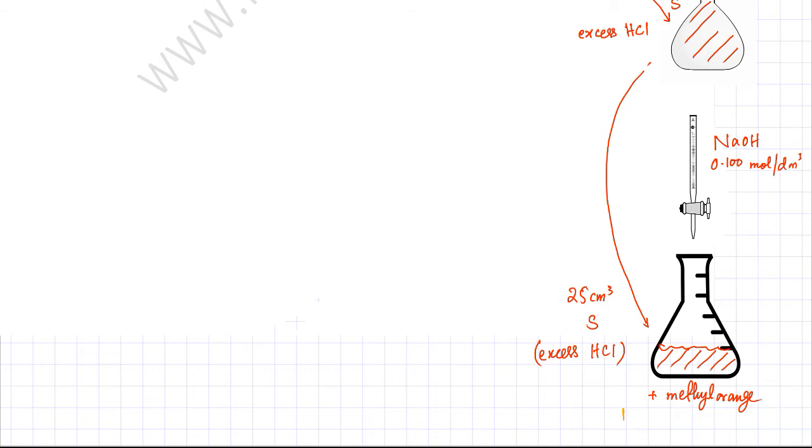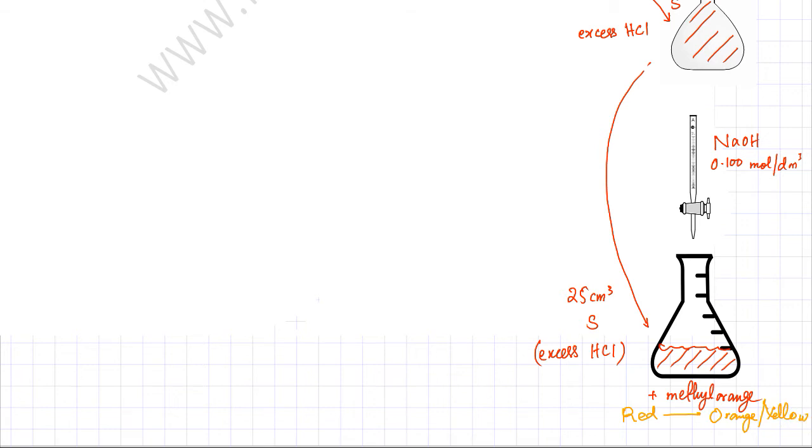Initially methyl orange would be red in color, but once the acid gets neutralized by the alkali NaOH that is being added, all the HCl is going to react eventually. And if you add too much NaOH into this flask, the solution would eventually become alkaline, and once it becomes alkaline, the color would change to orange yellow.